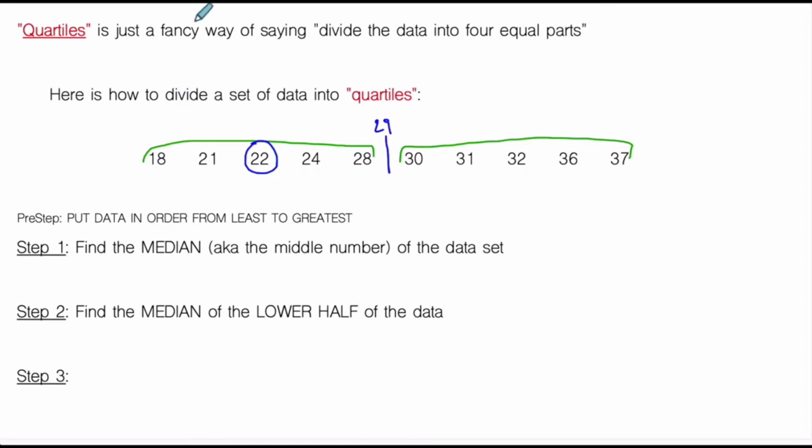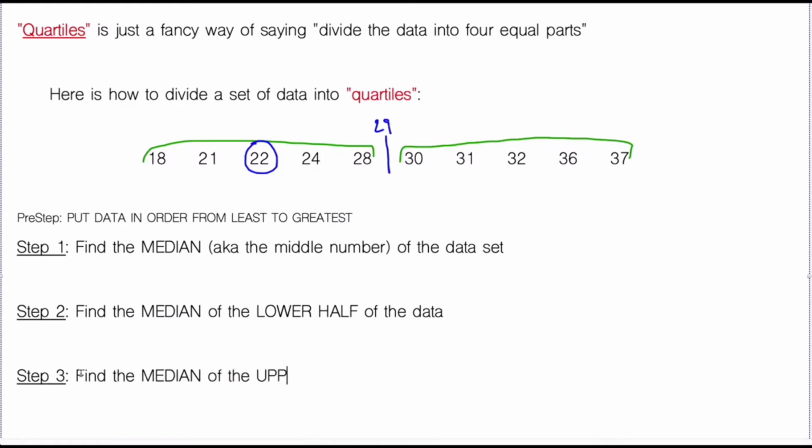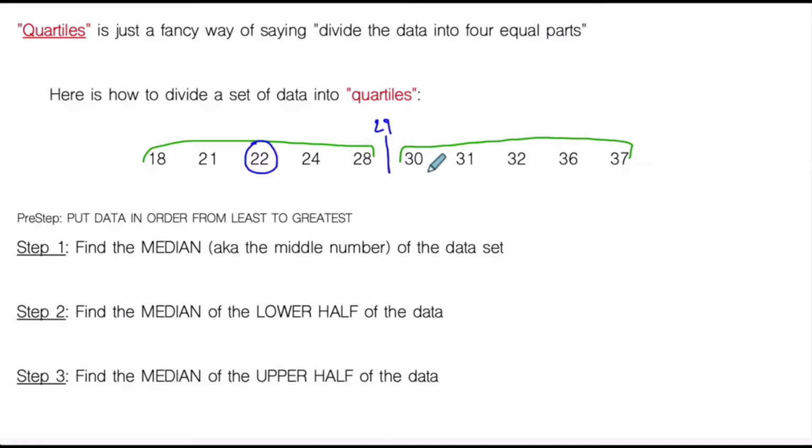My last step for cutting data into quartiles is, similar to step 2, to find the median of the upper half of the data. So we're going to find the middle of this upper half. There are 5 numbers, so the third number is the middle of that. Woof! All right, so what we've done now is break this into quartiles.